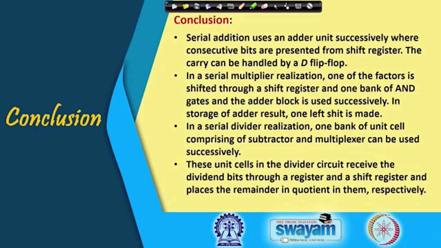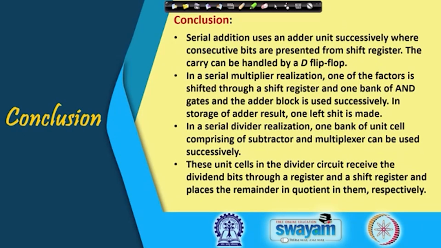In serial multiplier realization, one of the factors is shifted through a shift register and one bank of AND gates, and the adder block is used successively. In storage of adder result, one left shift is made. So, the storage part is made in such an intelligent manner that we do not require any separate shifting that we see in the multiplication process.